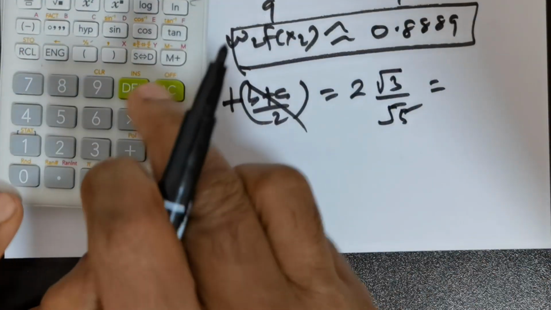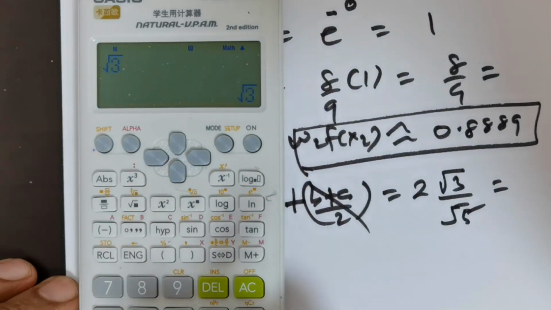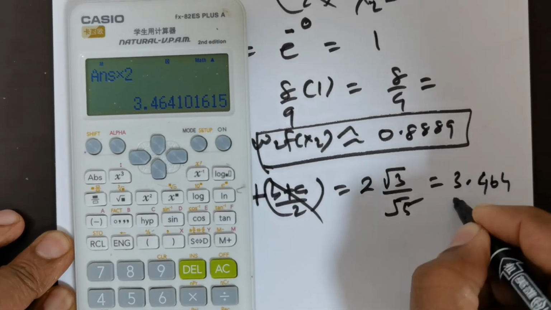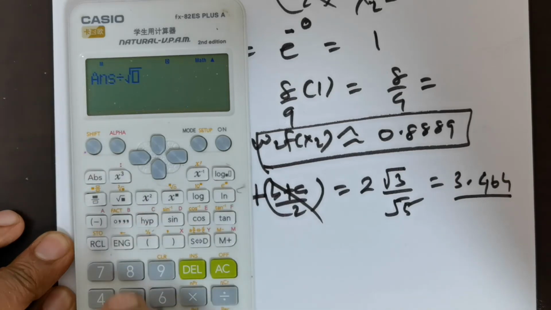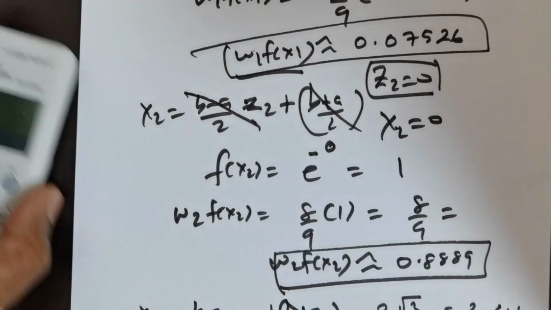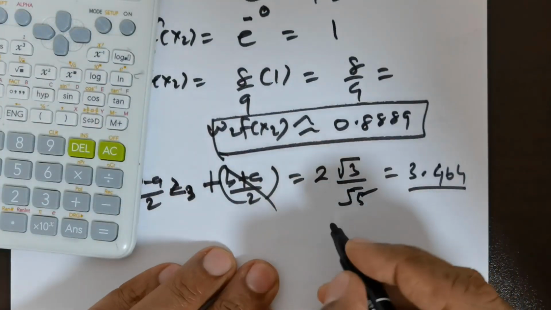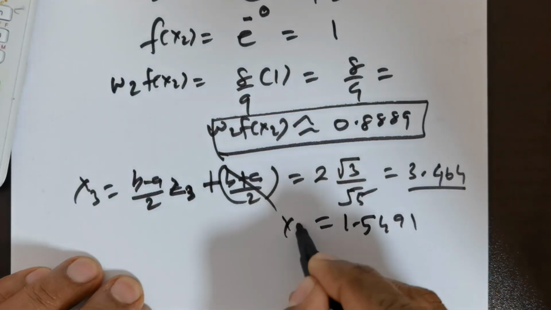Now this is nothing but root of 3 multiplied by 2, and that is giving a value of 3.464, and this is divided by root of 5. So that is going to be 1.5491. Okay, fair enough. This is going to be my x3.